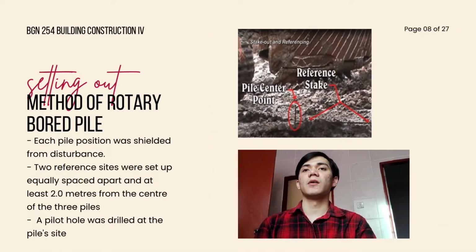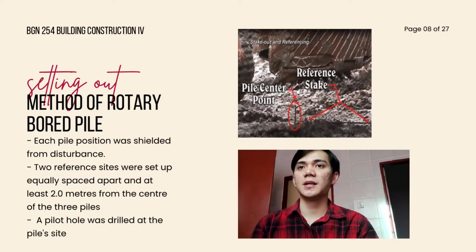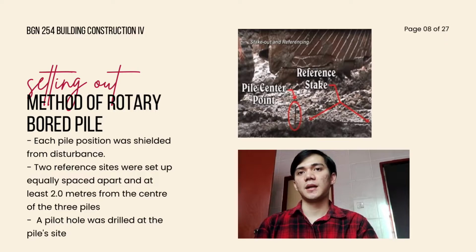Prior to the start of the boring work, each pile position that was assessed was shielded from disturbance. Then two reference points were set up equally spaced apart and at least 2.0 meters from the center of the pile. Following that, a pilot hole was drilled at the pile site, and drilling eccentricity and alignment were confirmed.